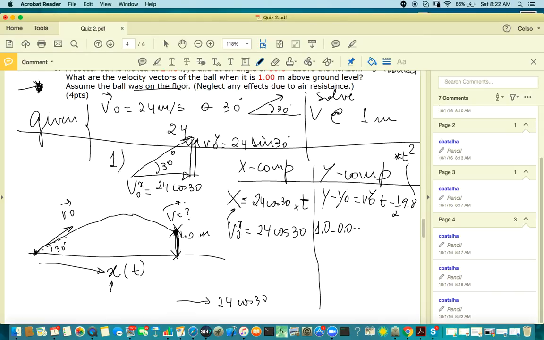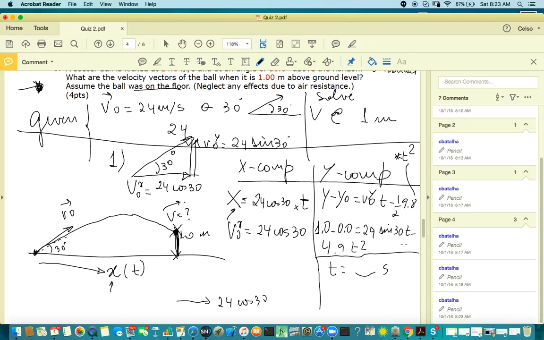That is equal to v naught y, which is 25 sine of 30, times t, minus 4.9 t squared. So what you're finding here is a solution for time, a certain number of seconds.